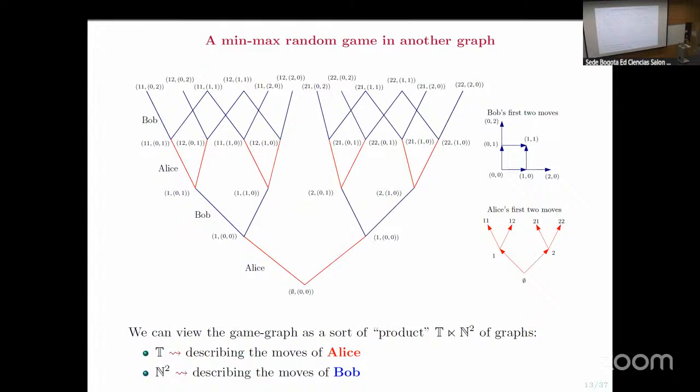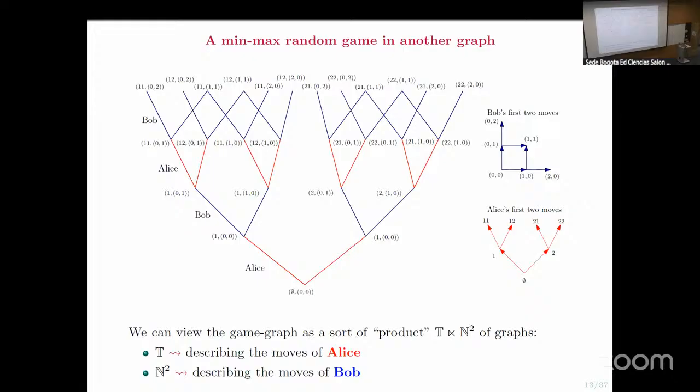This is an illustration of the game graph now. It's a sort of product between a binary tree and N squared. Alice is going to play in this kind of binary tree as before, but Bob is going to play in N squared, in the positive integer lattice.